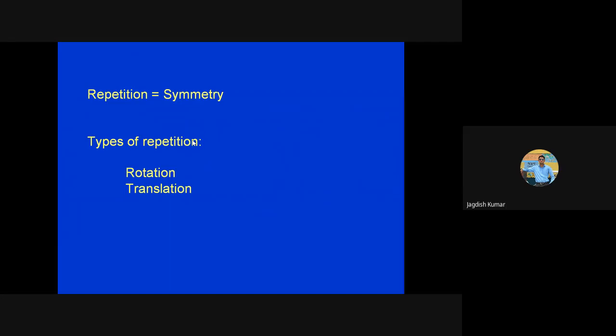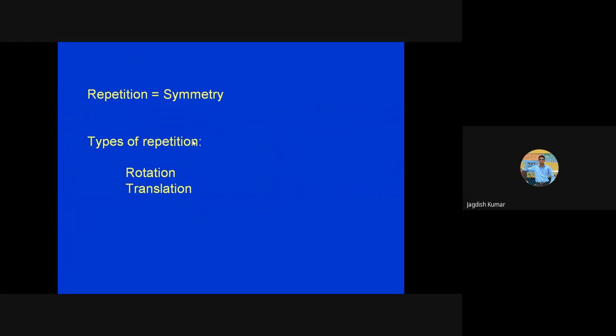Now, when we are discussing these periodic materials or crystalline materials, we come across the concept of symmetry, because whenever we are dealing with repetition of something, that will be associated with certain symmetry, and repetition in itself may be termed as symmetry, right?